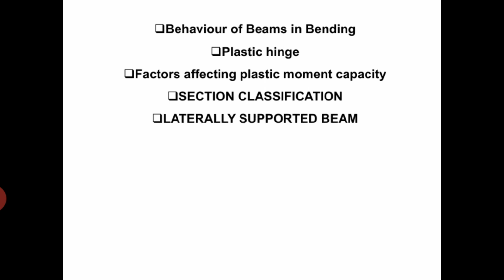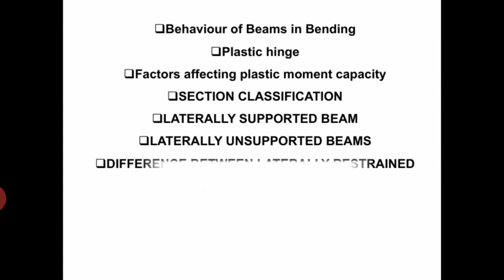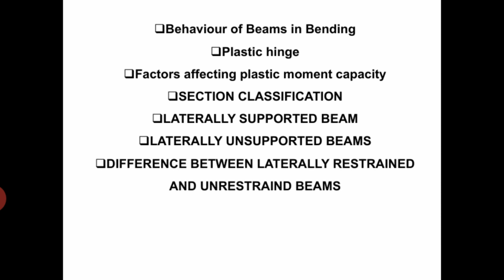Then next I am going to discuss laterally supported beams. What are laterally supported beams? Then laterally unsupported beams. Then next is the difference between laterally restrained and unrestrained beams. So these four aspects I am going to discuss in this particular lecture.